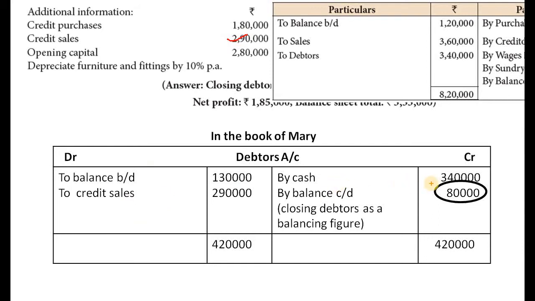Cash received from debtors, 3,40,000, we get from the cash book debit side, 3,40,000. After presenting all this information, we have to balance the debtors account. If we balance the debtors account, we will get the closing balance of debtors as a balancing figure.